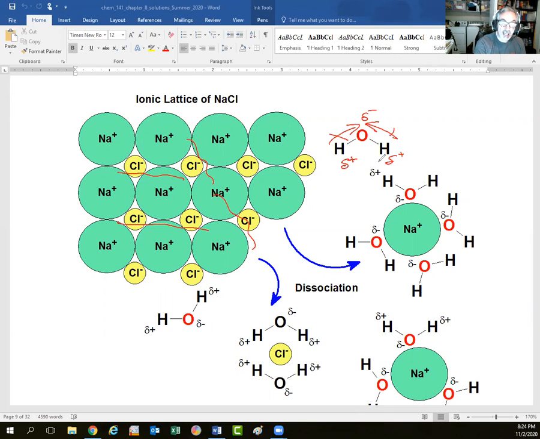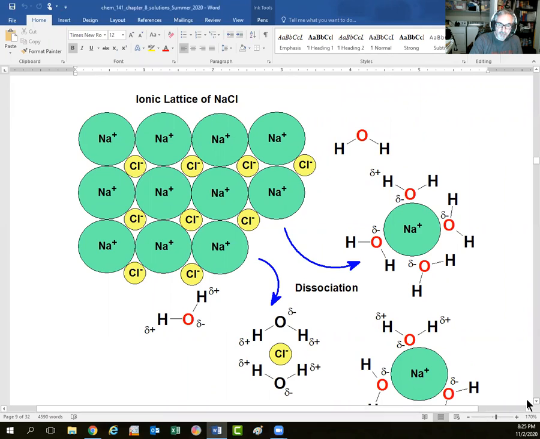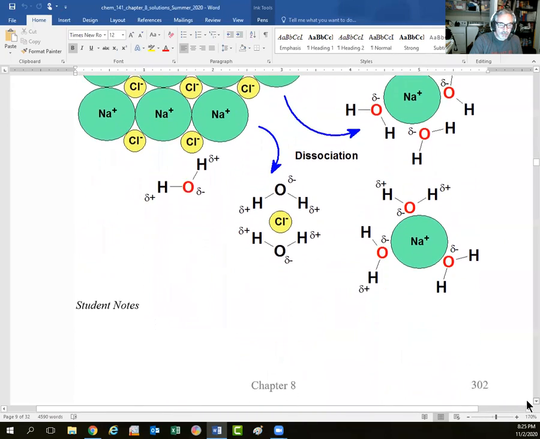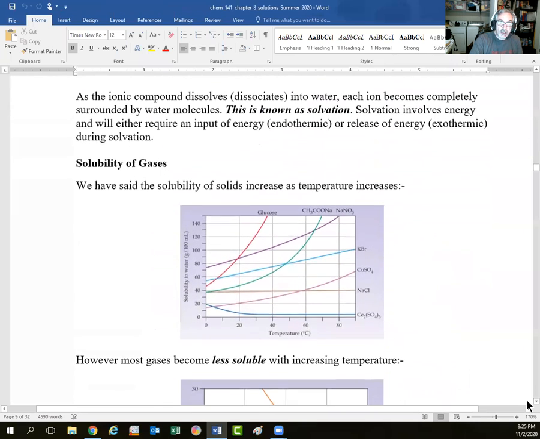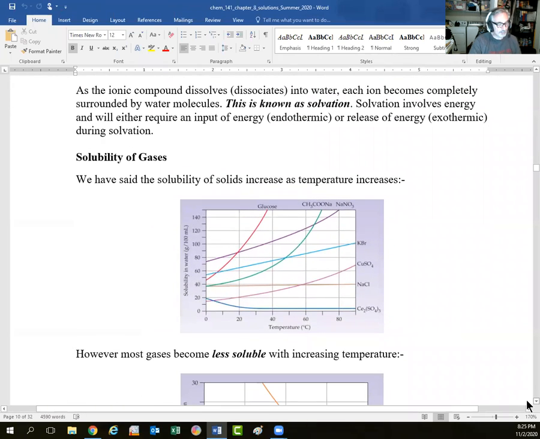And we say that the ions become solvated, surrounded by water when it's used as a solvent. So those ions have a greater attraction for water than they do for each other. As we saw in chapter 3, they dissociate in water into those individual ions.